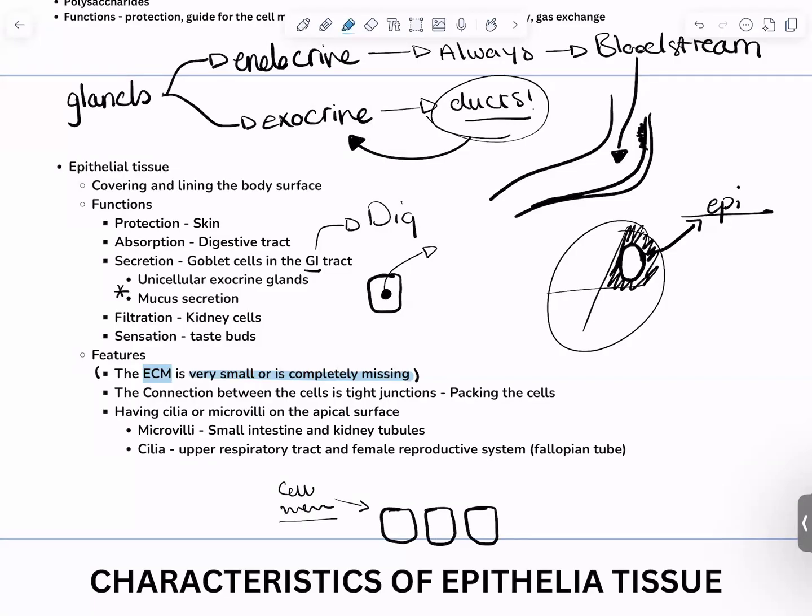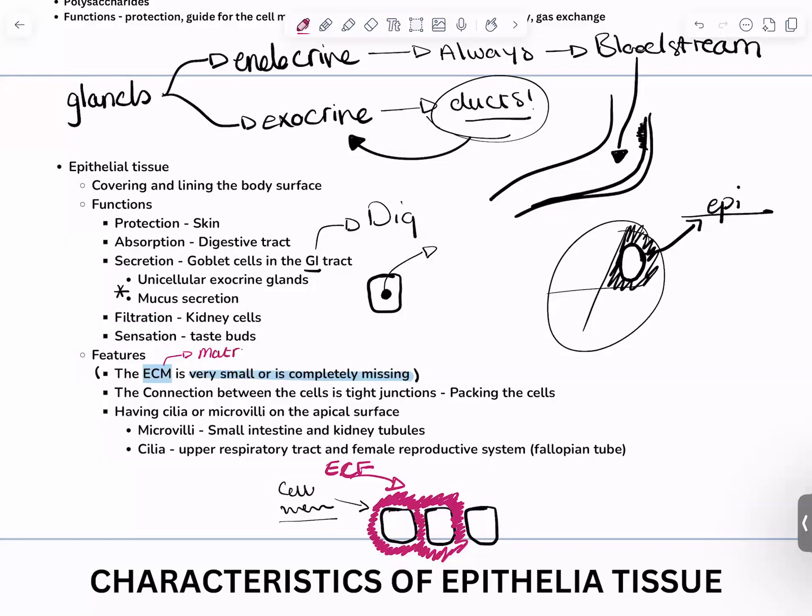But around these cells, we have a kind of fluid. It's not always liquid. Sometimes it's jelly-like, and sometimes it's liquid, depending on the location in the human body. This is what we call extracellular fluid, or sometimes extracellular matrix.